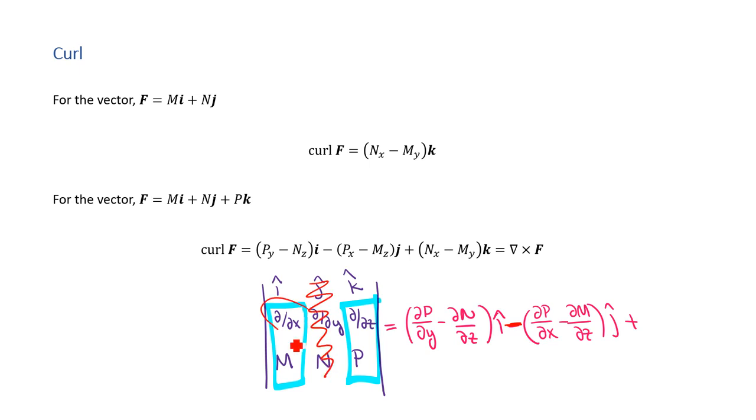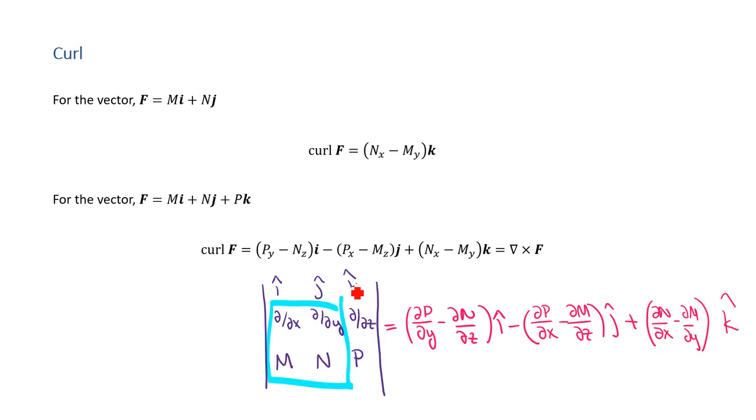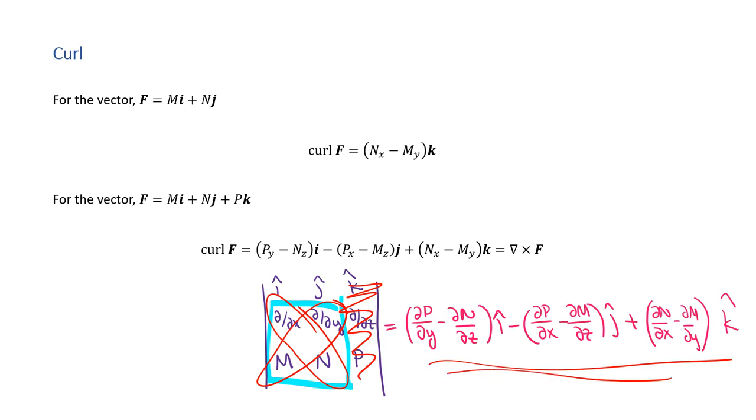Cover up the j column, and then we take dP/dx minus dM/dz. And then finally, the k is a plus. And then we'll take dN/dx minus dM/dy. And what I have written down is the exact same formula I had typed onto my screen. So that vector is going to be the curl of this vector field.